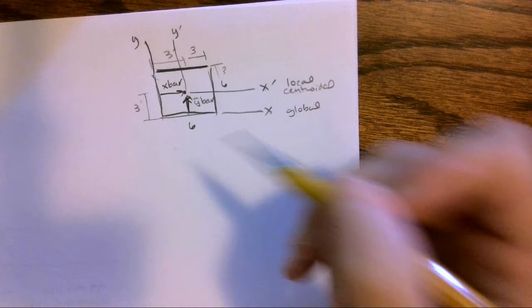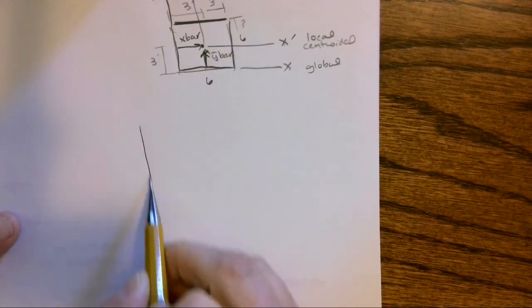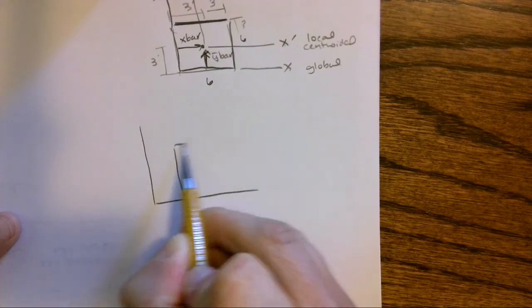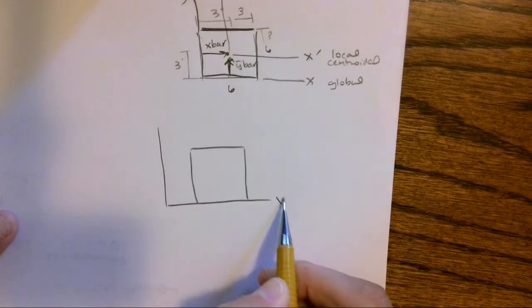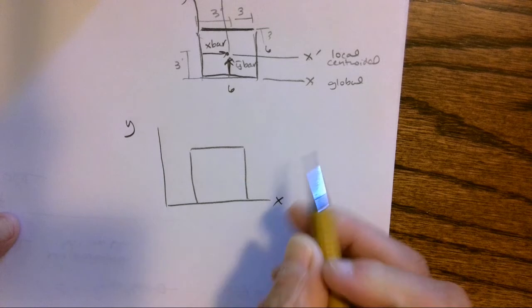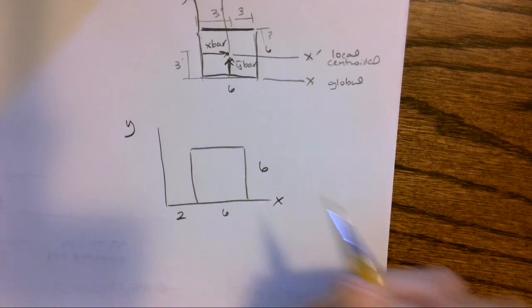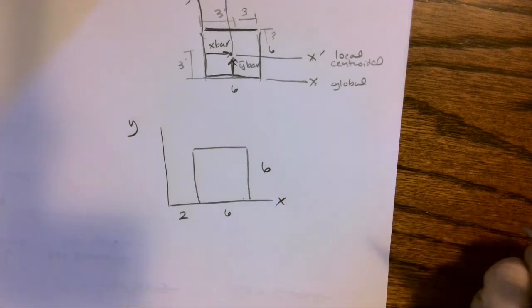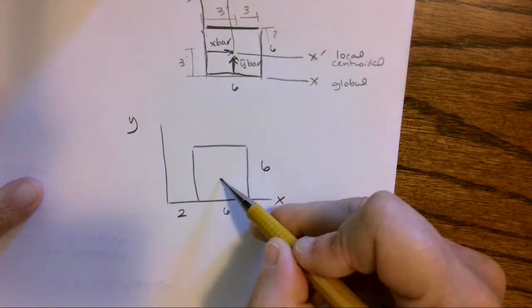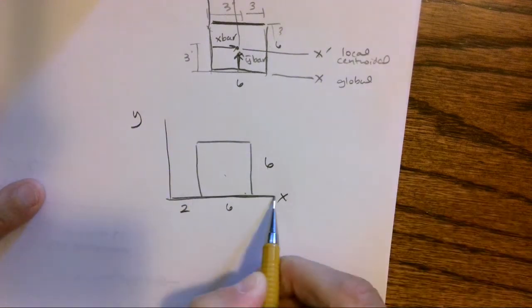So now let's put that square on an xy system that looks like this, and we'll still use our 6x6, but we're off from the y-axis by 2, resting on the x-axis. So if I want to know where the centroid is, coming from my global x-axis, I'm going to march up.